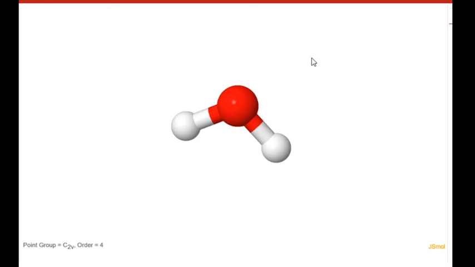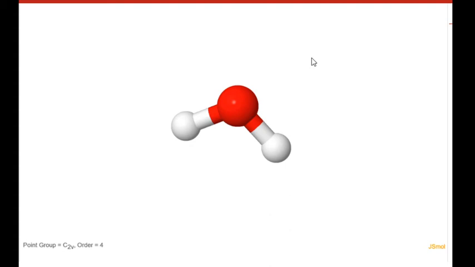So a molecule which has only one proper axis of rotation and n vertical planes of symmetry can be assigned as the Cnv point group, right? So here, if the molecule has a Cn proper axis of rotation and n vertical planes are present, then it can be identified by the Cnv point group.